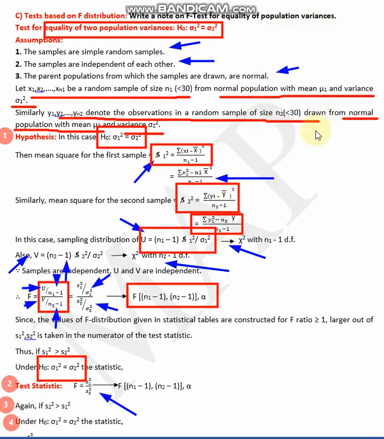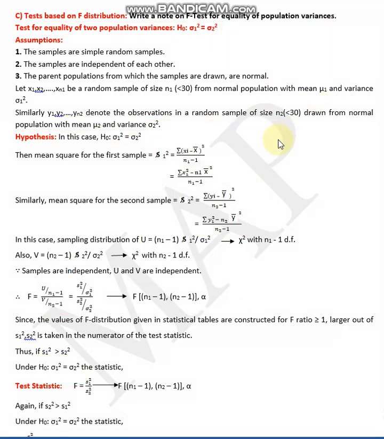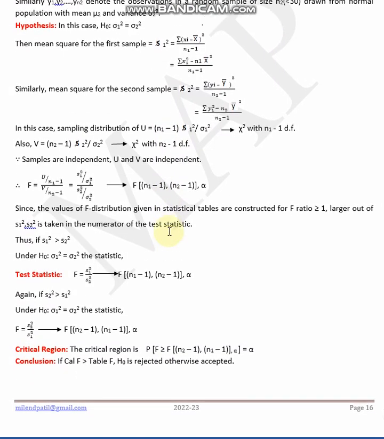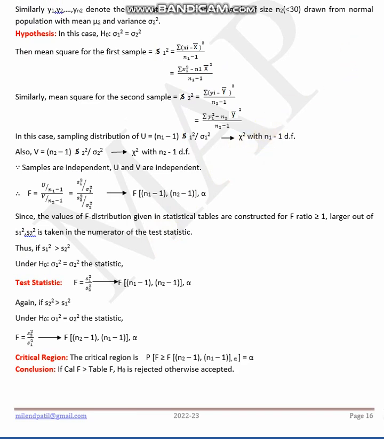In that case s2 square should be taken in the numerator and s1 square in the denominator. Under the null hypothesis, sigma 1 square equal to sigma 2 square, so this is my null hypothesis, the value of F becomes s2 square divided by s1 square, and it follows an F distribution.